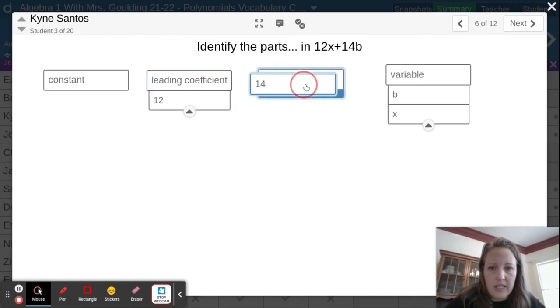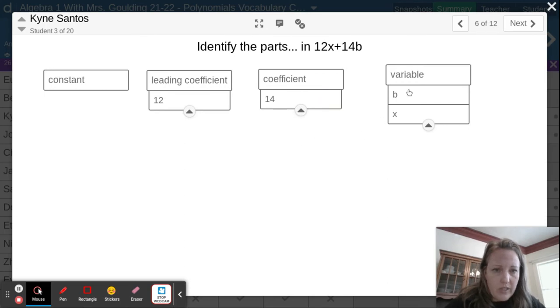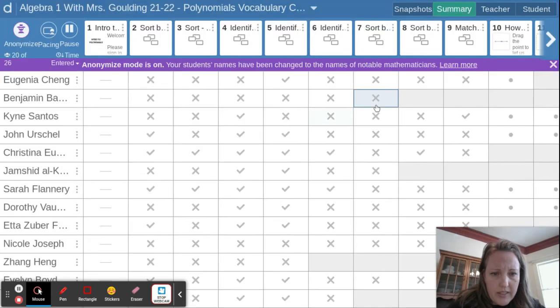The 14 is a coefficient, but it's not the leading coefficient, okay? So it's going to be right here. Perfect. And the variables are correct. So I only had to move one thing for that person. That was very, very good. So 6 is done.